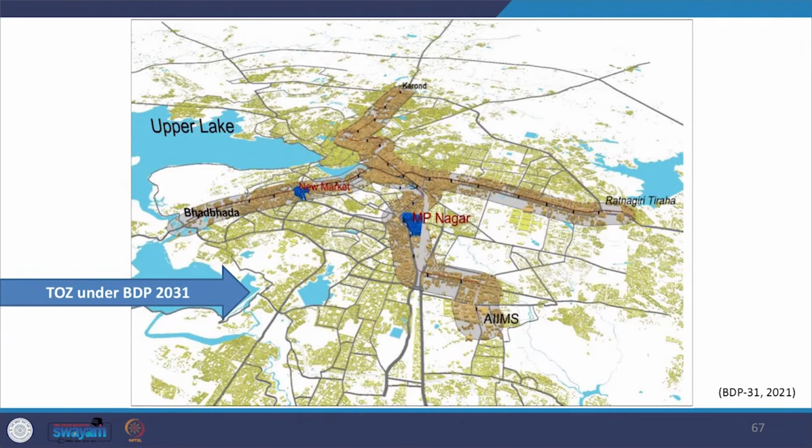The TOZ is an effective tool to promote compact transit-oriented development within walking distance of public transit nodes such as BRTS and MRTS stations. Sustainable transit-oriented densification is planned to be achieved through TDR. TOZ is identified as a 500 meter buffer distance on either side of metro lines 1 and 2.